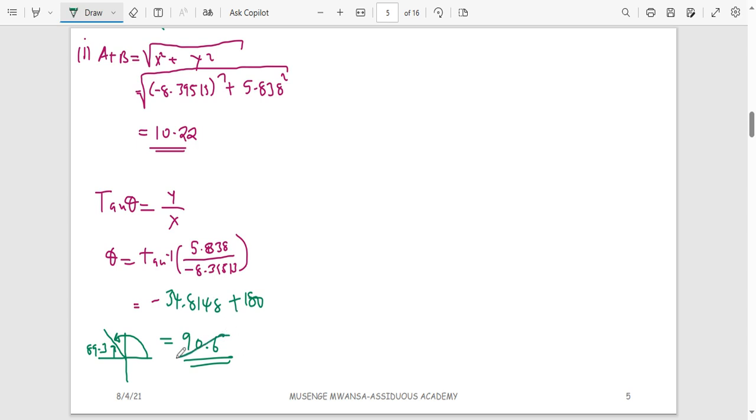It has given me 145.185. Is it the same now? Yes. So please make sure as you punch on the calculator, you double check your punching because sometimes you can miss some numbers. So this is the answer.